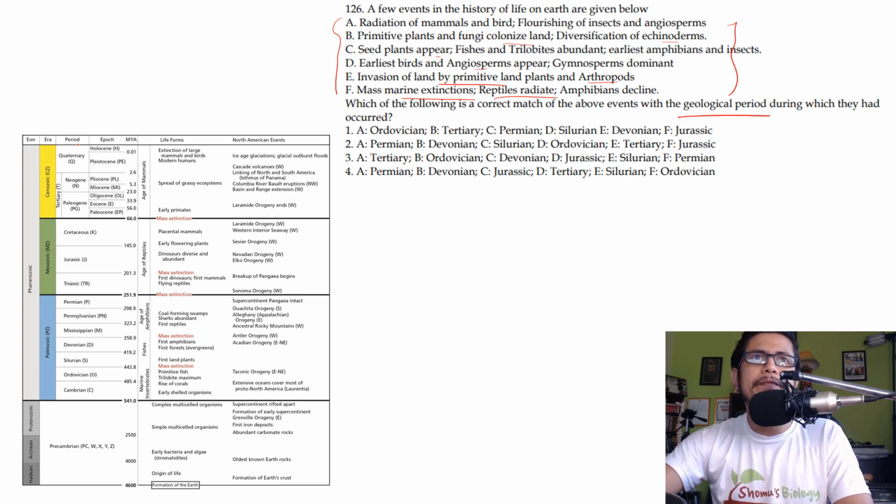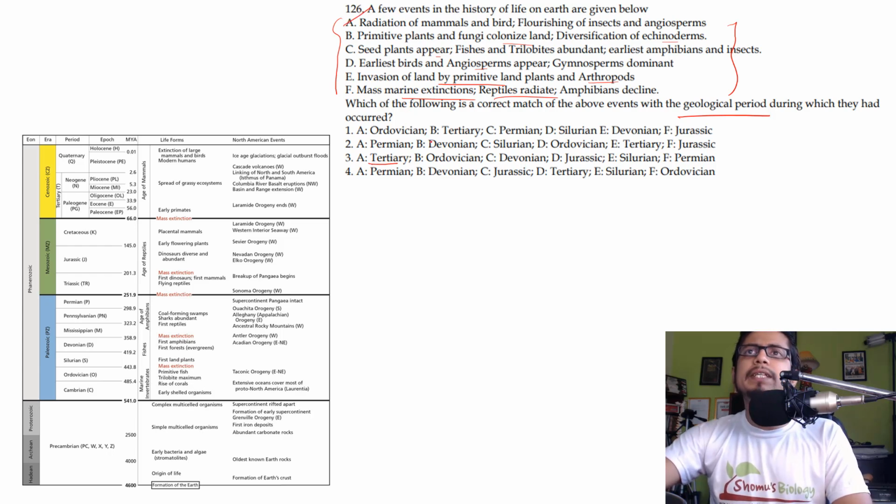If you look here, there are different periods: quaternary, tertiary, Triassic, Permian and all. They are listed in here. So the tertiary period will be associated with A, radiation of mammals.